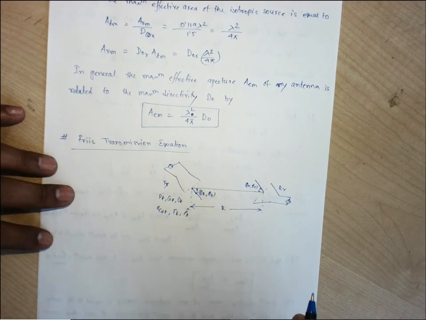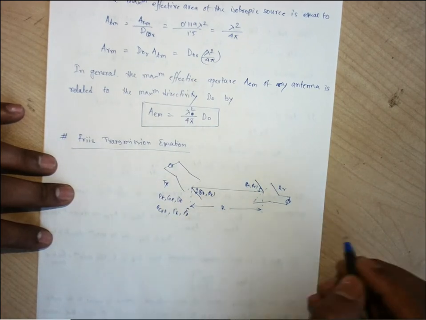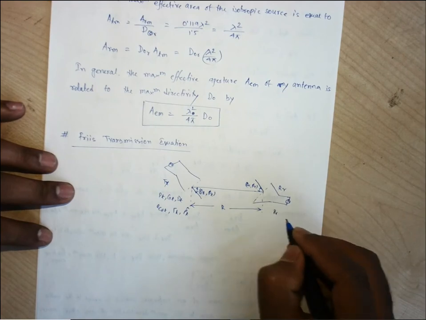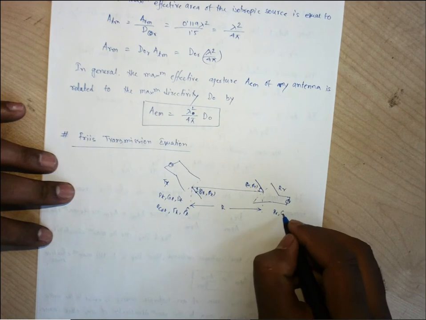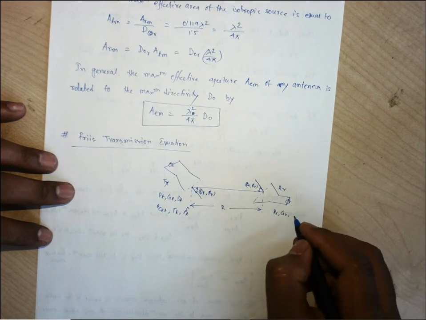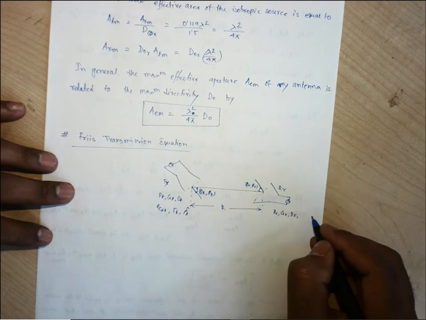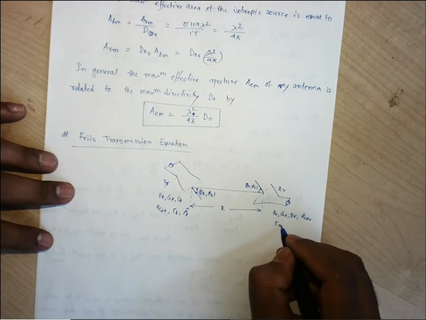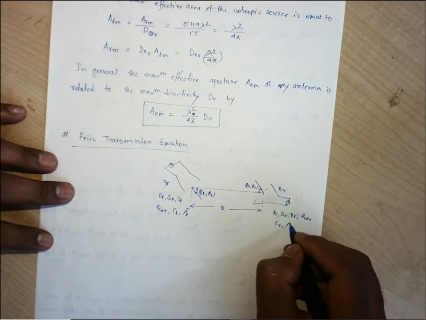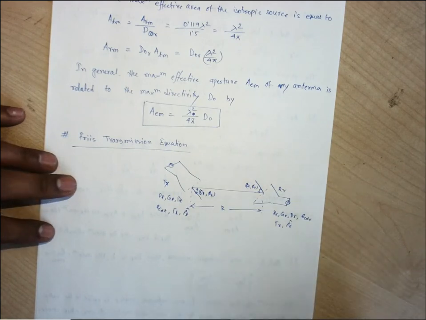Same for this receiver, it has the received power PR, GR is the gain, DR is the directivity, ECDR is the loss, efficiency or loss, they are connected. Then gamma R is the reflection coefficient, and it has the unit vector along this direction.